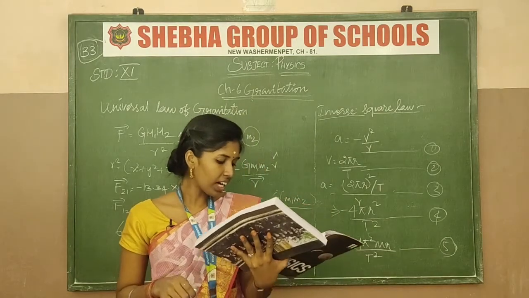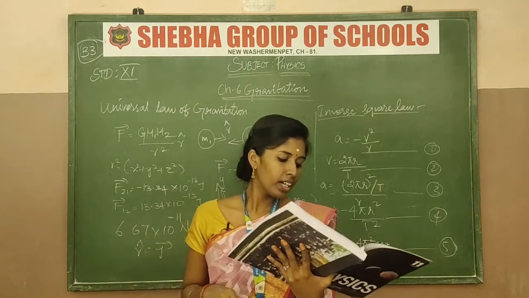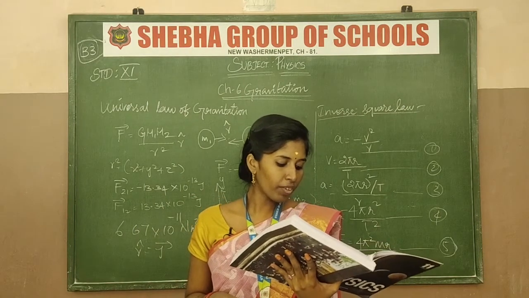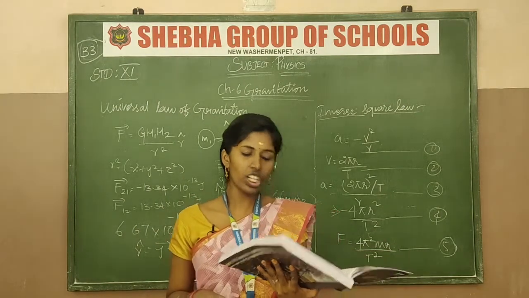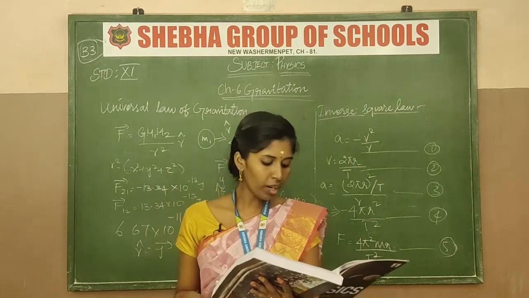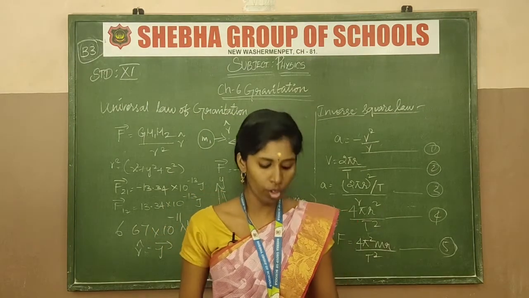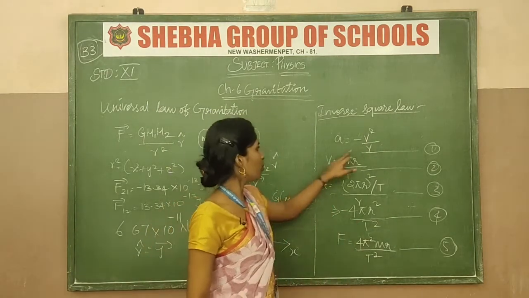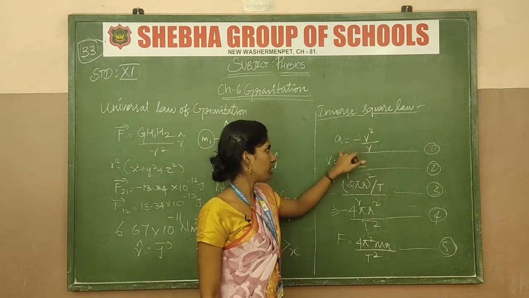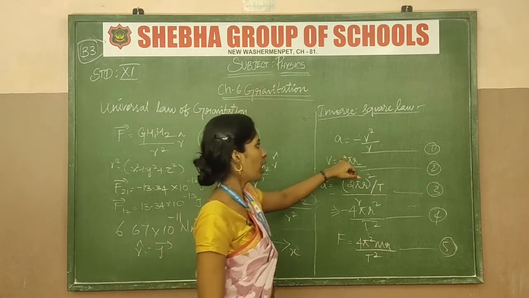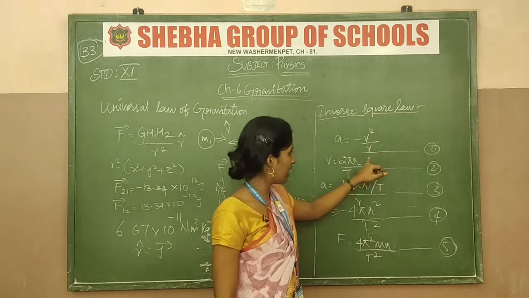So consider the orbit of the planet as circular, a circular orbit of radius r, with centripetal acceleration toward the center. We do this as a derivation. Okay, so a is equal to minus v square divided by r. Acceleration is velocity square divided by r, where r is the distance.